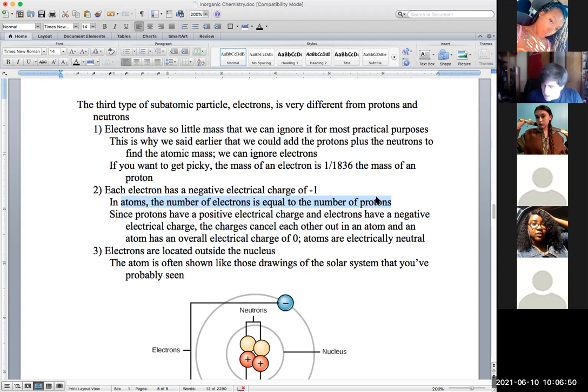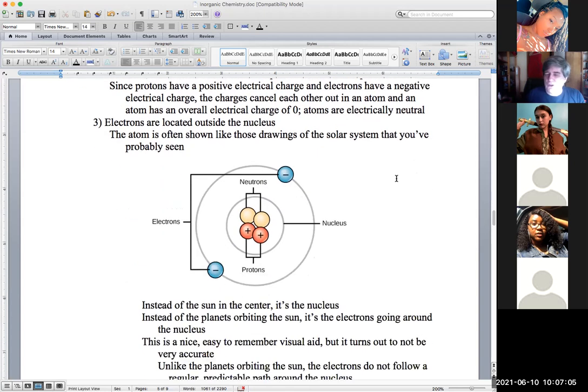So this means that when we look at the atom overall, atoms have a charge of 0. Same number of positive charges as negative charges, so all those cancel out. So even though an atom has some positive charges, some negative charges, and remember, we've got those neutrons too that don't have any charge, an atom never has a charge.